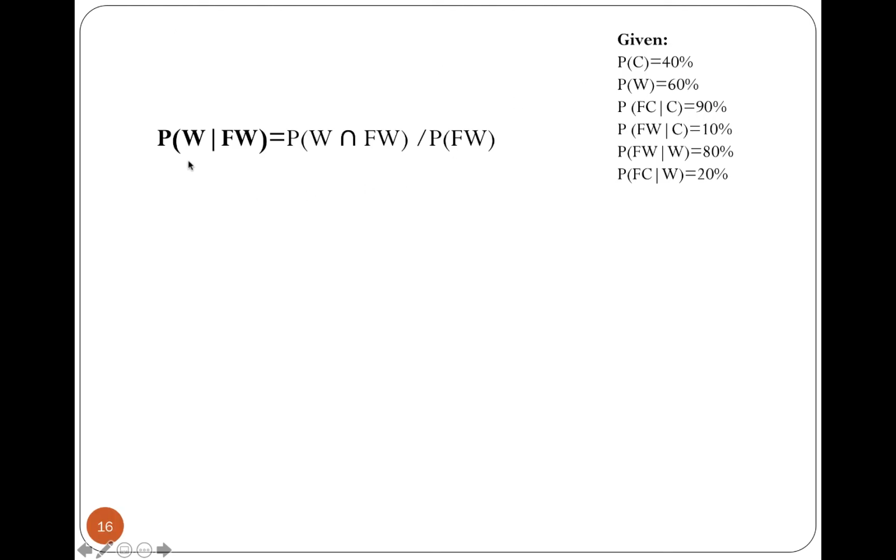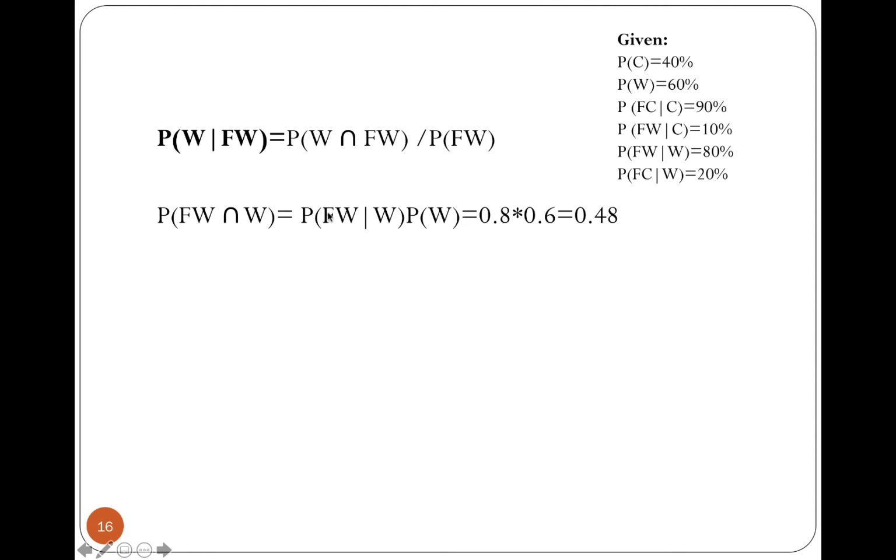We can use the conditional probability formulation and write this as the probability of W intersection FW divided by the probability of FW. Let's see how we can calculate the numerator. For the numerator, we can rewrite it as the probability of FW conditioned on W multiplied by the probability of W. Pay attention that I'm rewriting this probability of intersection based on the probabilities that I have in the problem statement.